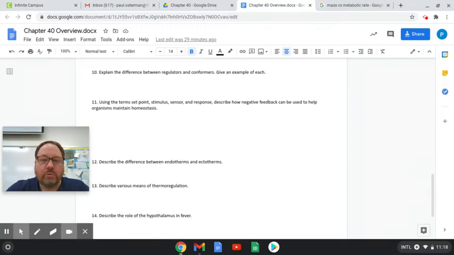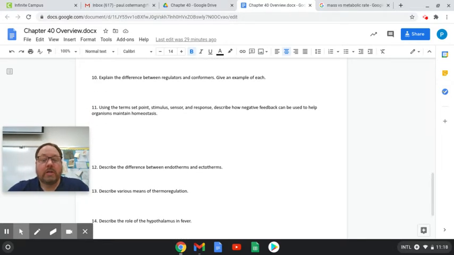Number 10, the difference between regulators and conformers. Conformers sort of conform to the environmental conditions of their environment. So ectothermic organisms, their body temperature will match their environment. Osmoconformers, like sponges, the salinity of their cells matches the marine environment or the ocean water around them. Regulators, on the other hand, keep constant conditions.